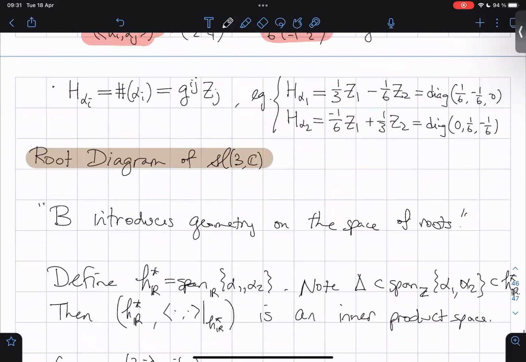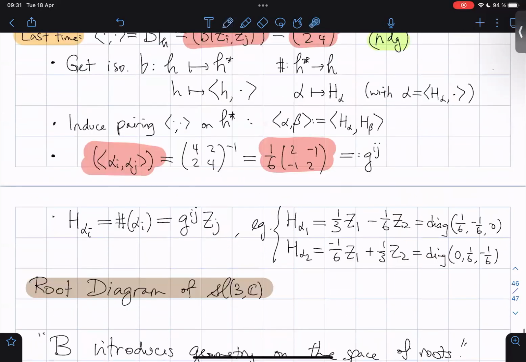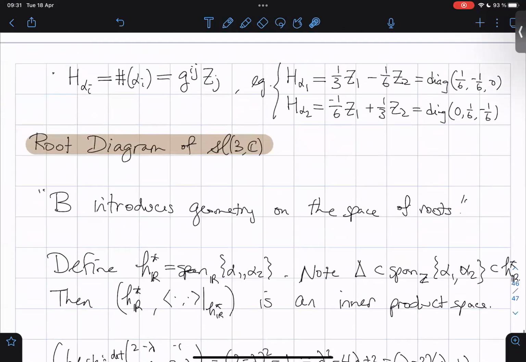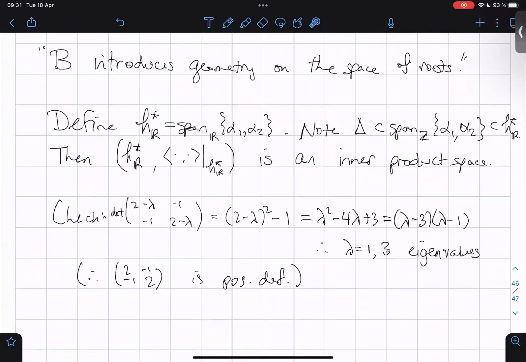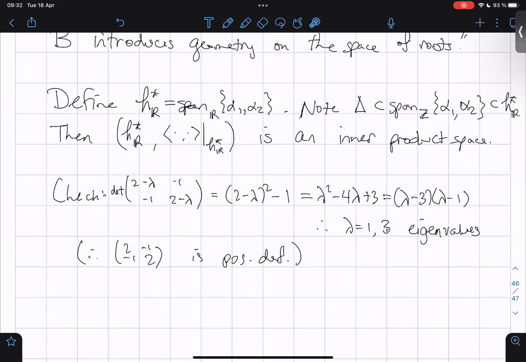Remember, this is the pairing on H star, and in the alpha 1, alpha 2 basis, this is what it looks like. I'm asking whether this is positive definite or not, and the 1/6 doesn't matter, so let's forget about it. Then I do the eigenvalue equation for what's left, and I'm getting strictly positive eigenvalues. So this is positive definite, and I am going to be getting an inner product space.